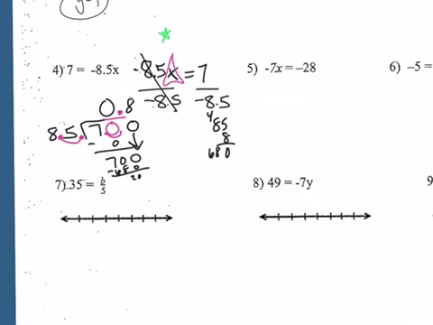So I'm going to say that k equals positive 0.8 or negative 0.8. I divided a positive number and a negative number. So negative 0.8.